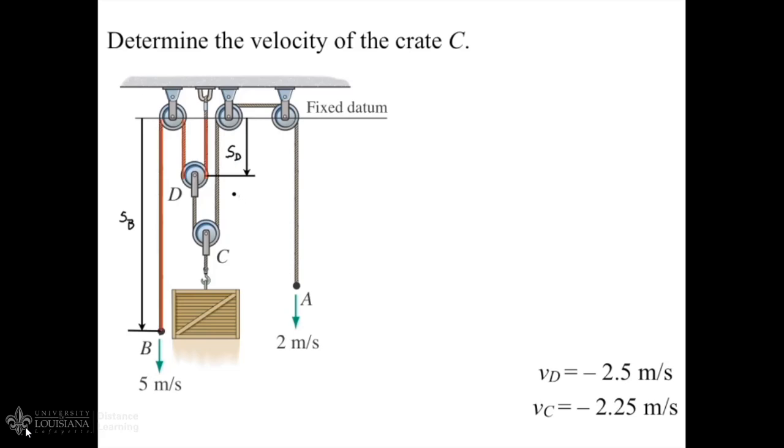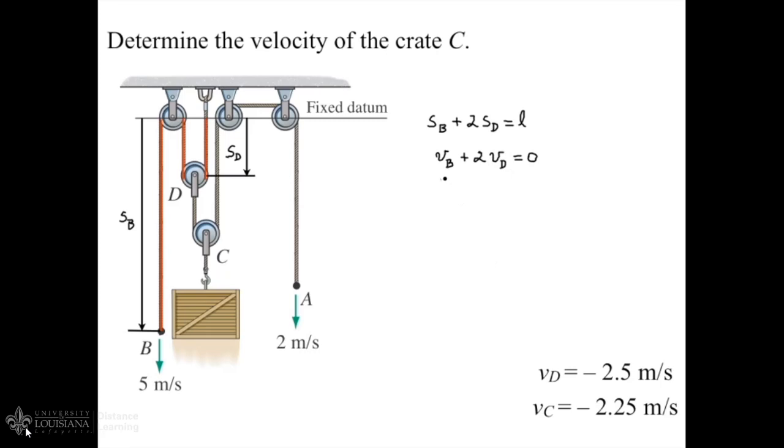With these two coordinates, we can then measure the vertical length of the cord, which is changing, but is equal to a constant length. We have S sub B plus 2 times S sub D, and this is equal to L. If we take the time derivative, we have V sub B plus 2 times V sub D, and this all equals 0, of course.